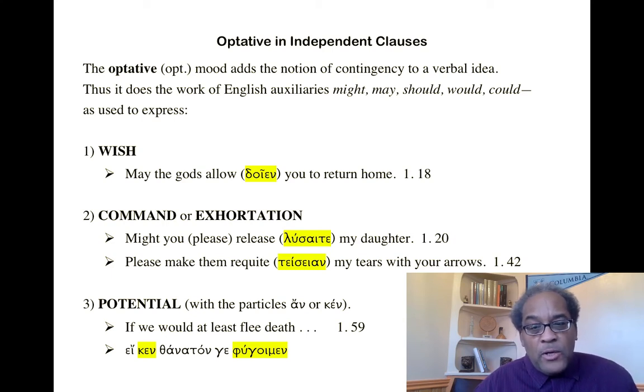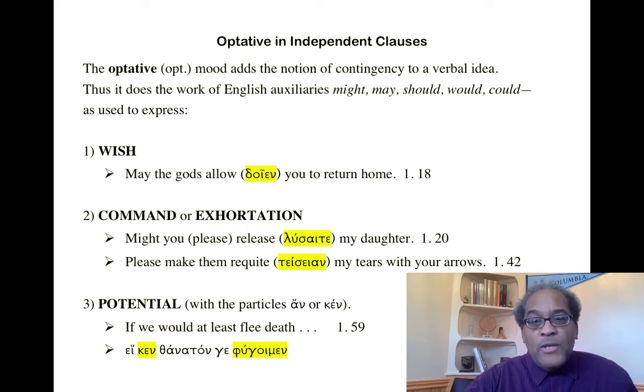Then finally, we are going to see very soon in the first speech of Achilles a potential use of the optative with ei ken thanaton ge phugoimen, if we would at least flee death, if we would or could flee death, well, we have to get out of here, he's going to be saying.